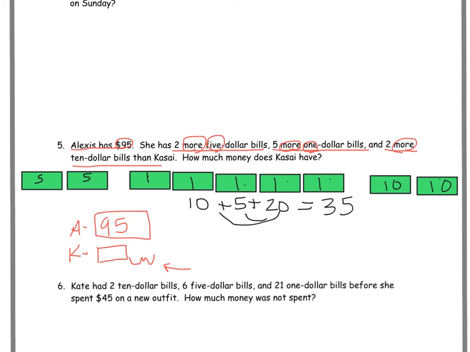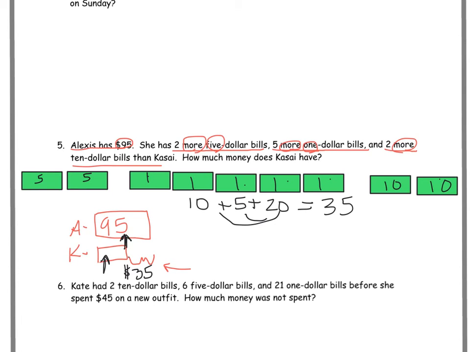Or I could just count what I drew in there for my numbers. So now I know that Cassie has $35 less. So in order for Cassie to have $95, Cassie needs 35 more. So if I take 35 away from 95, then I'll figure out what this piece equals.